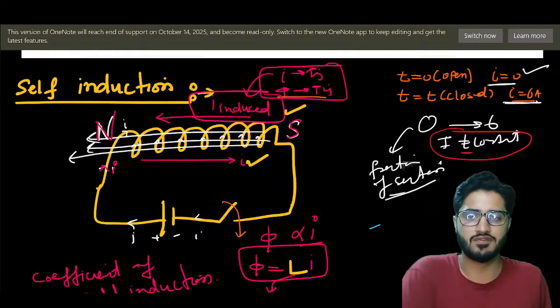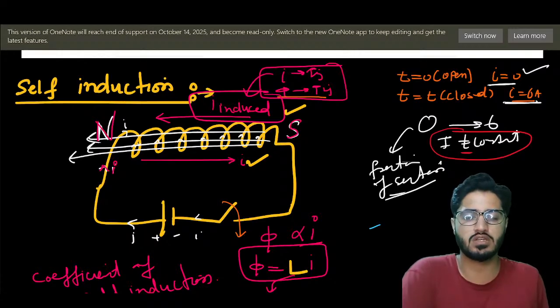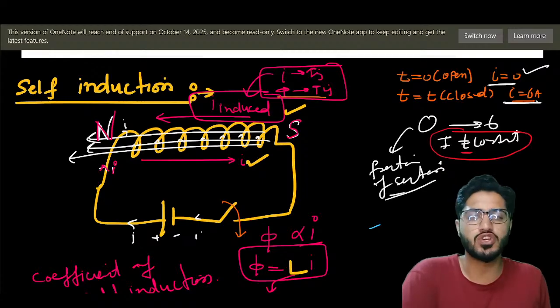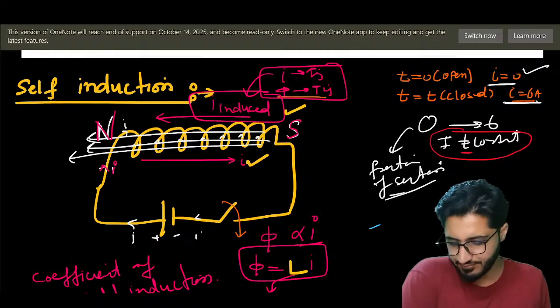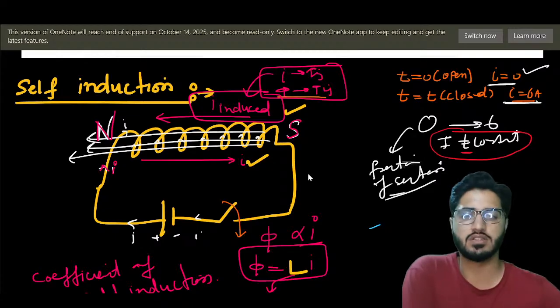It is a process in which a coil gives opposition to the main current for a micro or milliseconds, until there is a fluctuation in the main current. So let's continue our lecture from this particular slide.